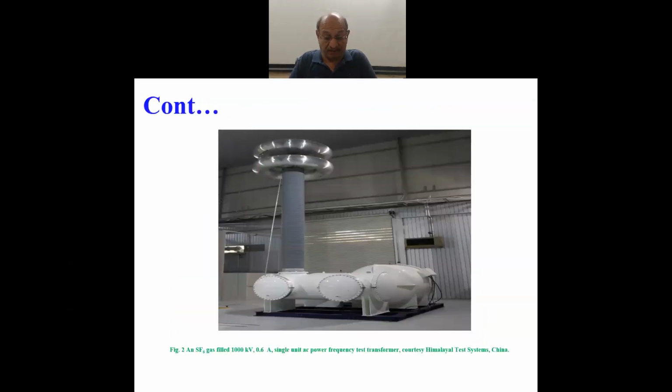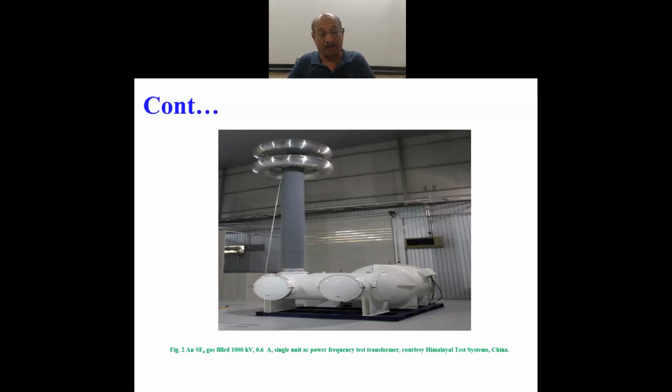This is also a testing transformer, single phase high voltage testing transformer, but of the rating of 1000 kV, not 600 or 700 kV, 1000 kV. This is a recent development. How? You find something different in this.